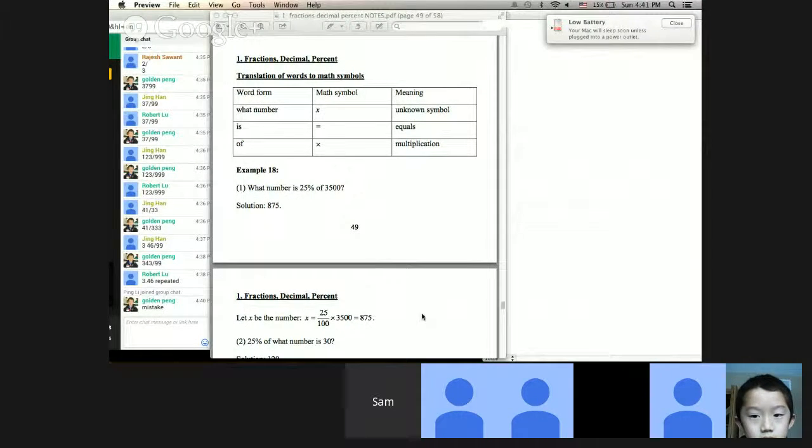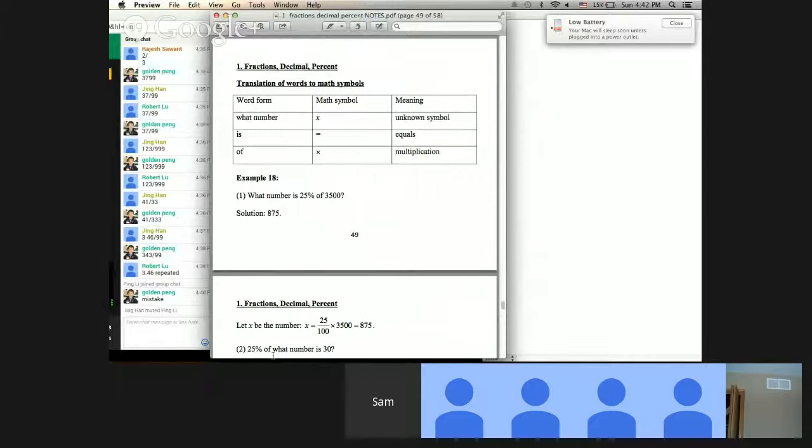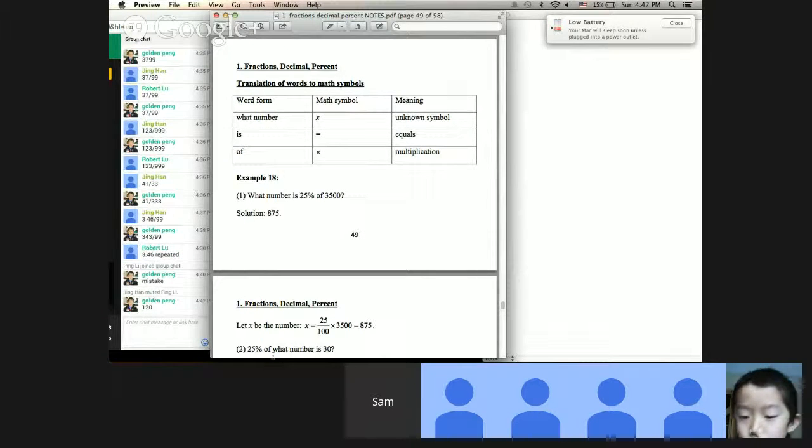I'll let you do this problem. If you can see it right here: 25% of what number is 30? Try this problem, and then I'll be right back. I'll come back and explain it if you guys don't get it.